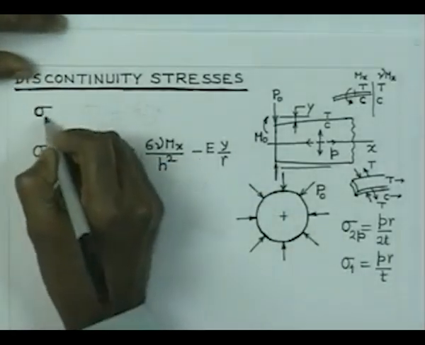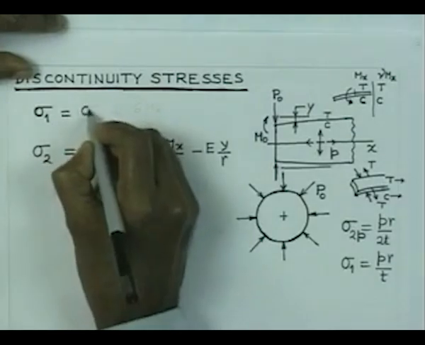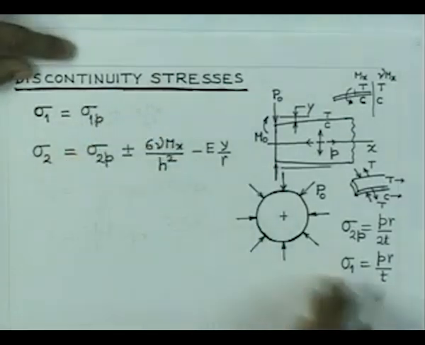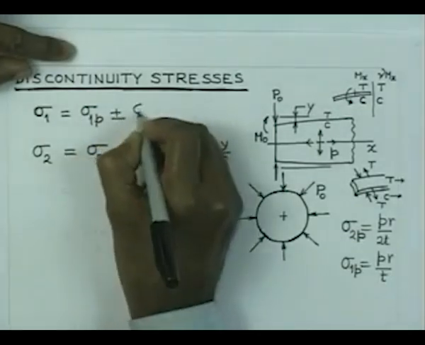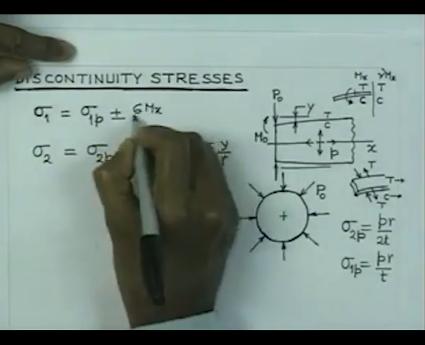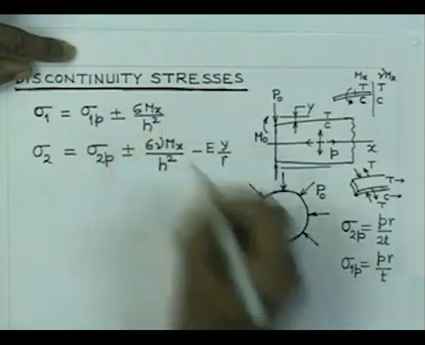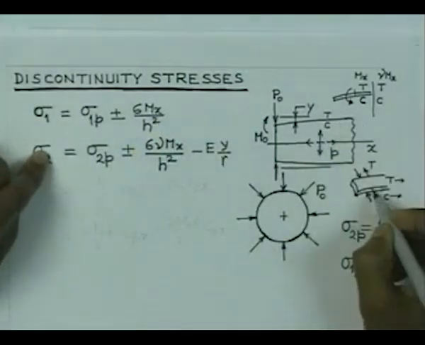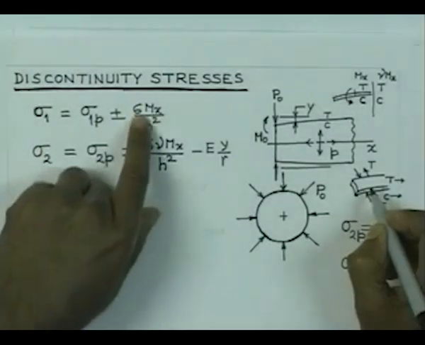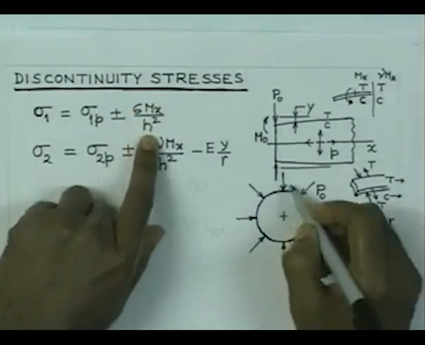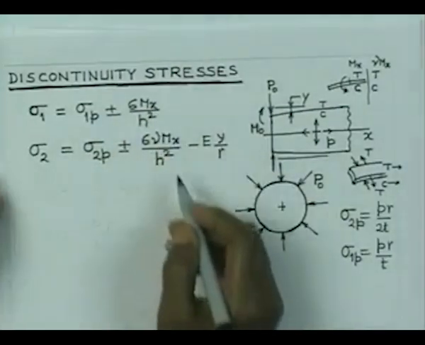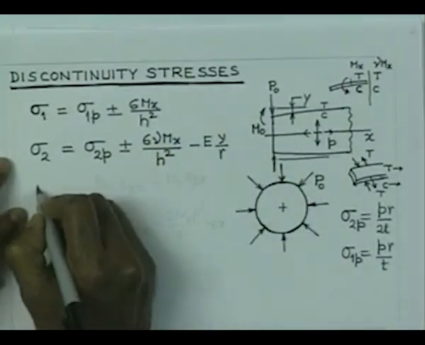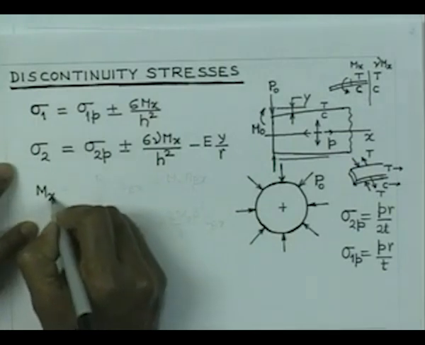Similarly, in the axial direction, we are going to have the stress due to pressure, that is this much, plus I am going to get bending stresses, which is directly 6 mx by h square. So, at a point like this, you are going to get pressure stresses plus these stresses due to the bending arising out of the local forces. And the magnitude of mx and y, they are all known to us from the last time's analysis.